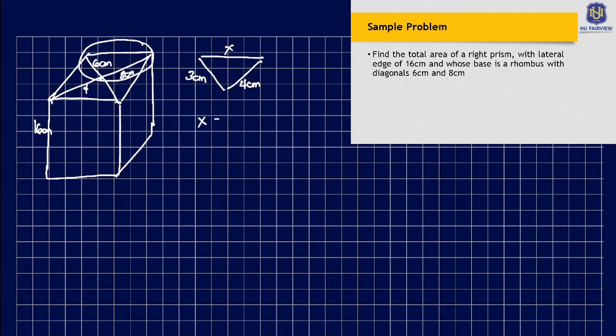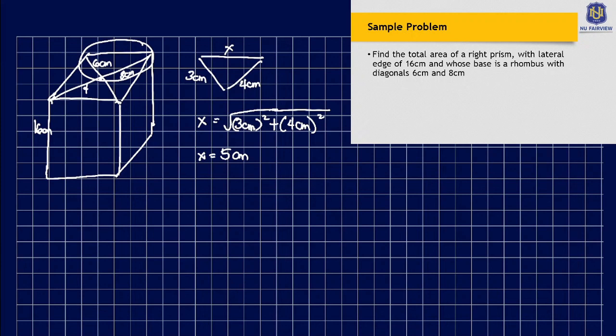So, x is equal to square root of 3 cm squared plus 4 cm squared. So, ano kaya ang sagot? So, x nyo would be equal to 5 cm. Okay, so 3 times 3, that's 9. Plus 16, that's 25. Square root of 25 is 5 cm.